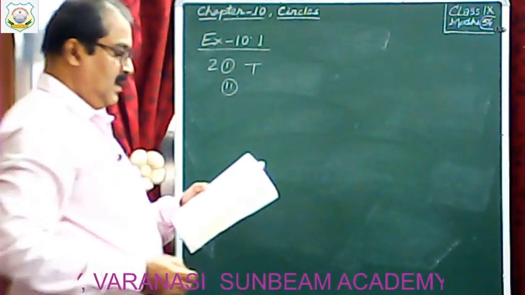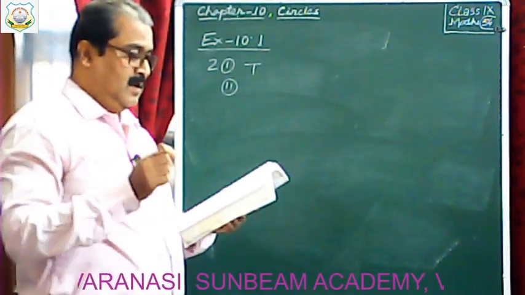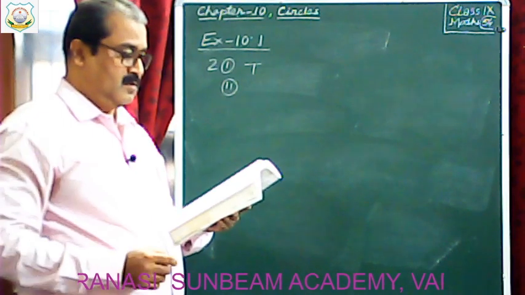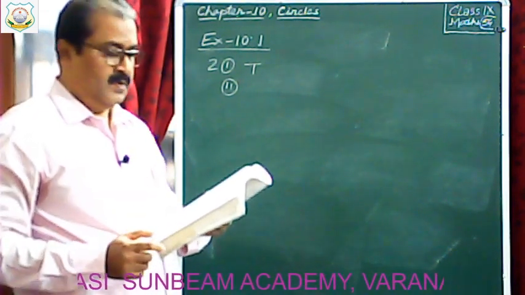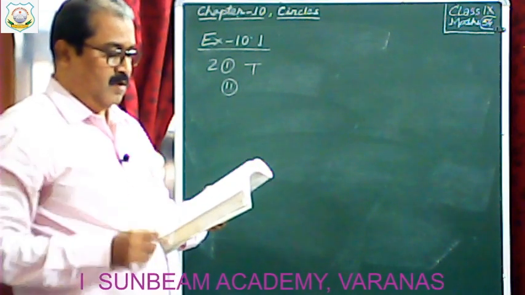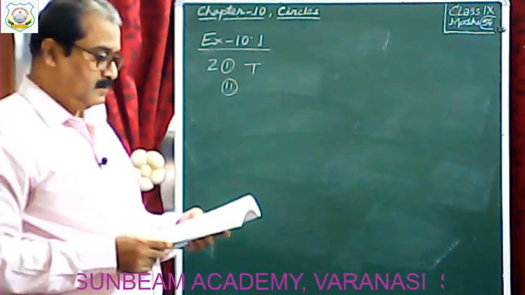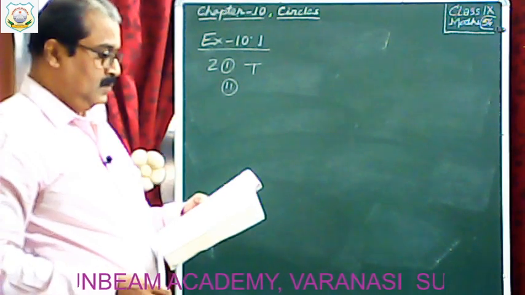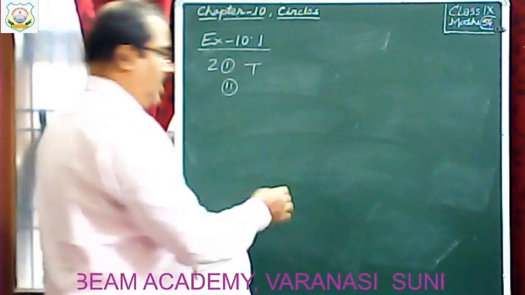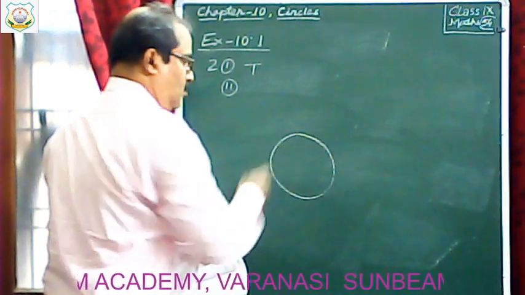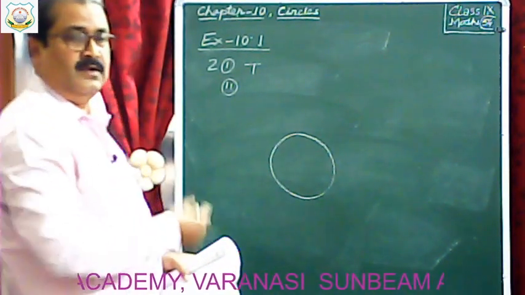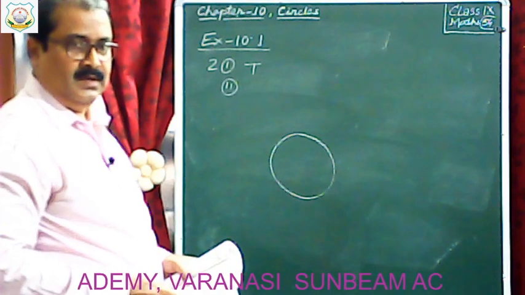Second, a circle has only finite number of equal chords. Finite means we know how many equal chords you can draw in a circle. It's not possible.